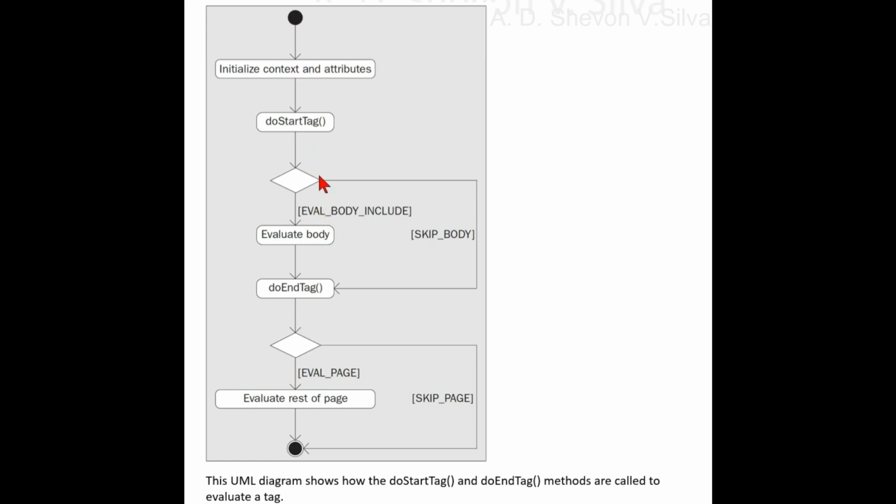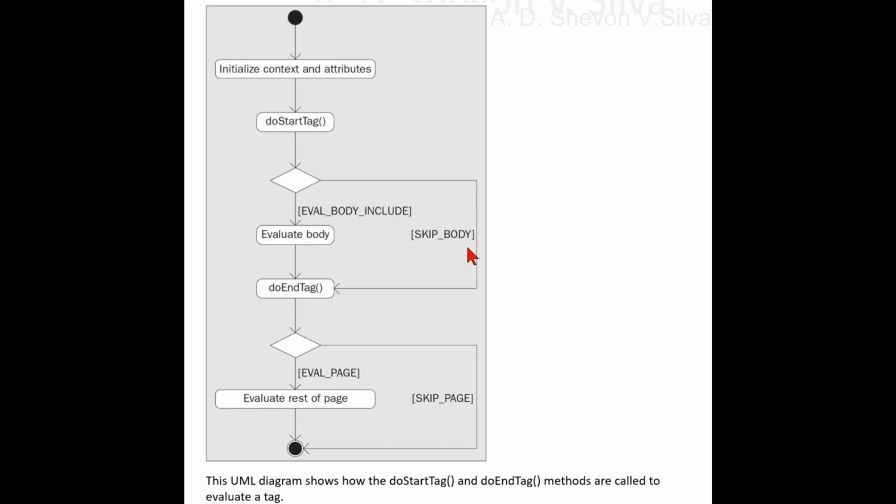Returning SKIP_BODY signals to the JSP page that after the doStartTag method has been called, any body content for the tag should be ignored. For example, any body content such as JSP code, Java code, or content that would normally be output to the page is simply dropped.